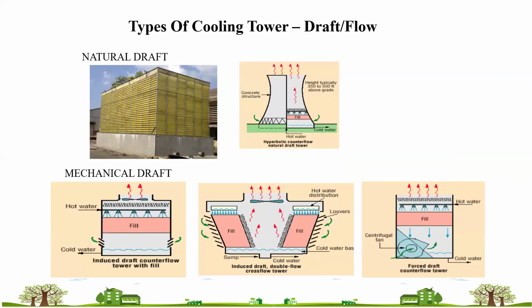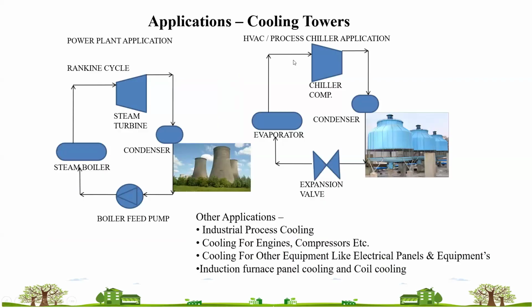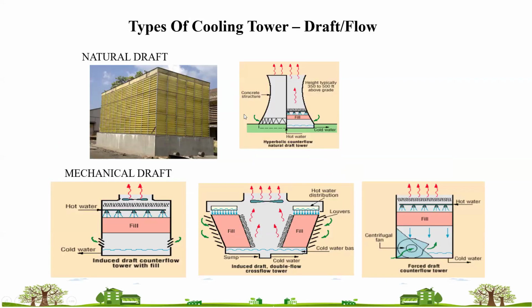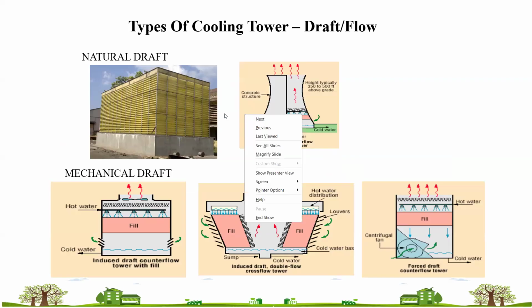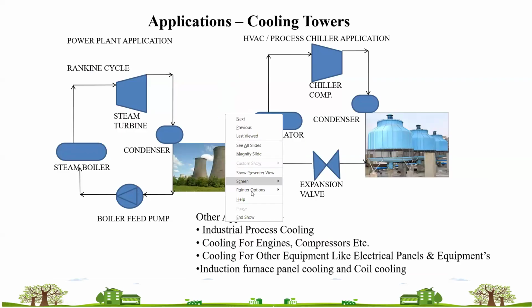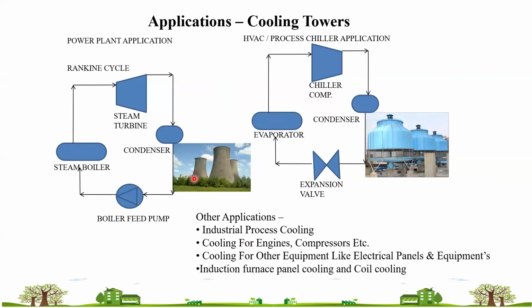When we see the types of cooling tower, one is the natural draft cooling tower and the other is the mechanical draft cooling tower. If you are seeing this natural draft cooling tower, it is provided with a concrete structure, and the concrete structure is majorly in a parabola shape.